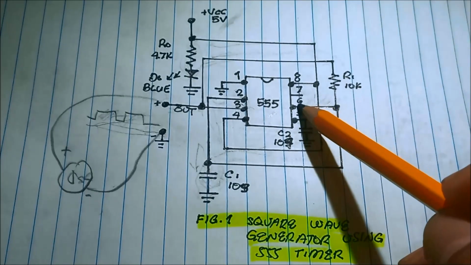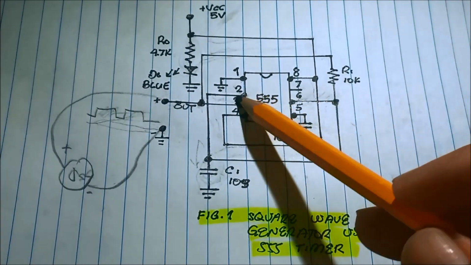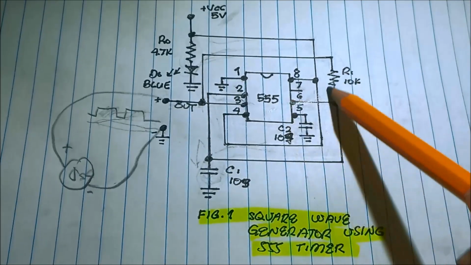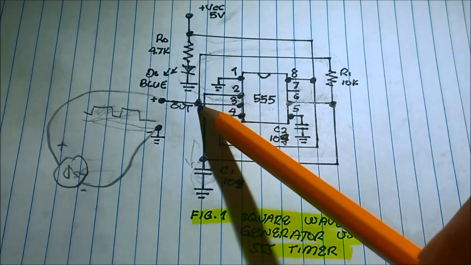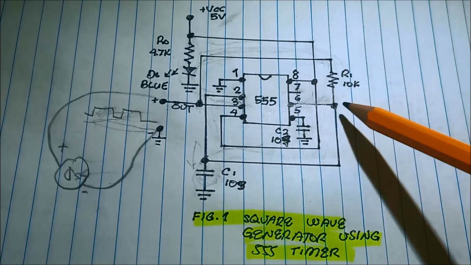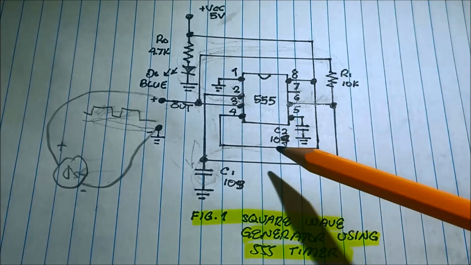I think this is the threshold pin, trigger pin, discharge pin. Okay, the output to the input, causing an oscillation due to the output connected again to pin number 6. So there is an oscillation in the circuit.